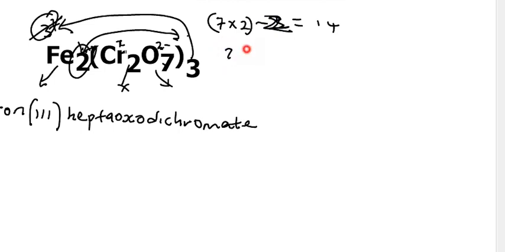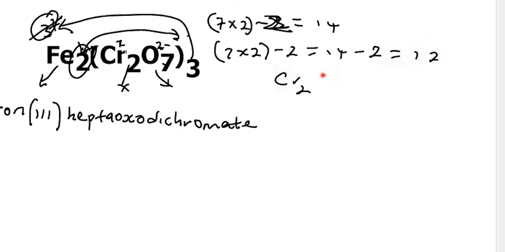So 7 times 2 minus 2, that should give us 14 minus 2, which is 12. So it means Cr2 has total of plus 12 charges. So if 2 have 12, how do we get that of 1? Cr will now be 12 over 2, which is equal to plus 6. So therefore it will be dichromate(VI).